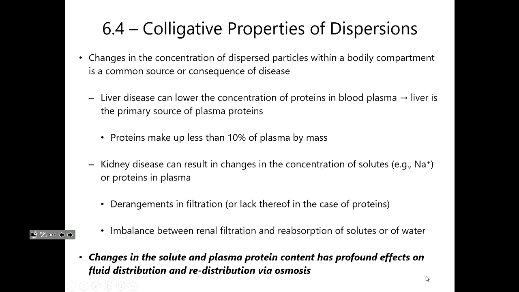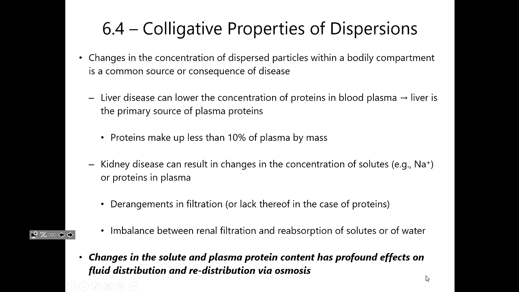So again, disease can lead to changes in concentrations of particular components of bodily fluids that have an influence on the shift of water between compartments. One of the primary participants in these issues is the liver.